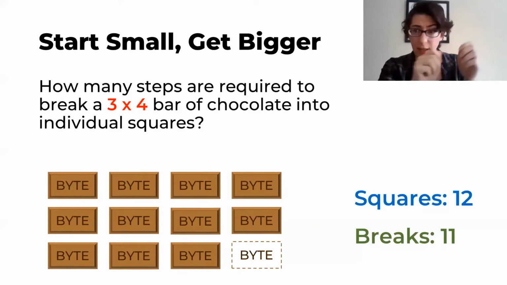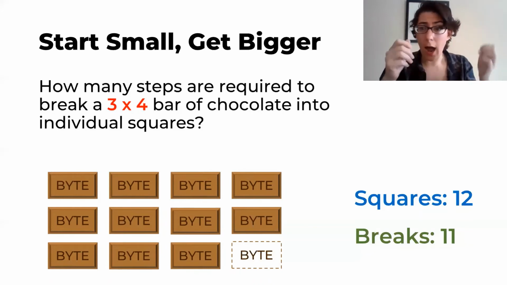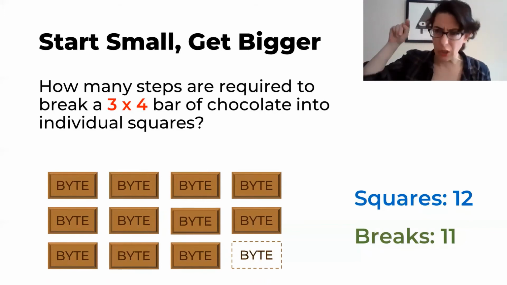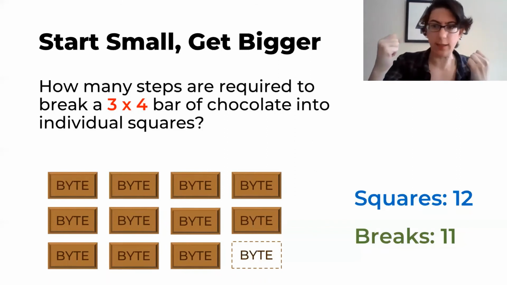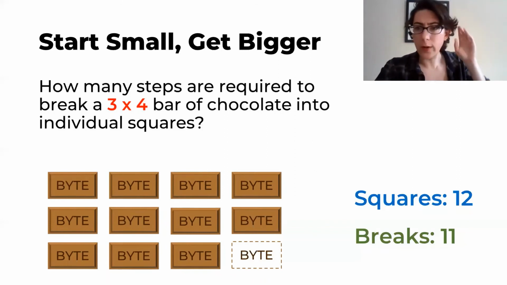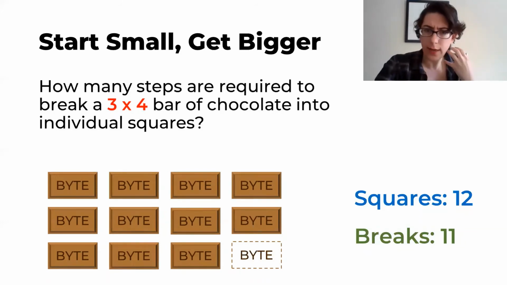Don't believe me? Think you can break it in another way and have more or fewer breaks? Good. I want you to go out and test it and find out for yourself. Well, for now, let's take a look at the data.